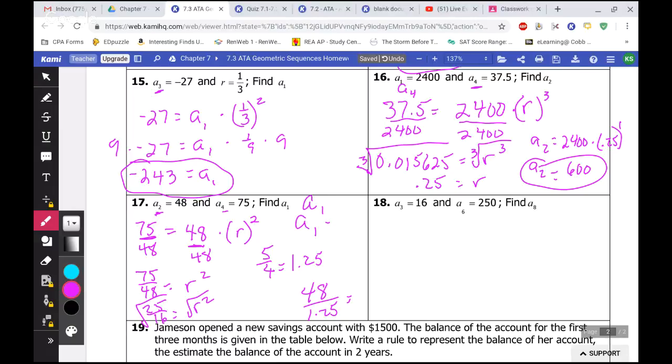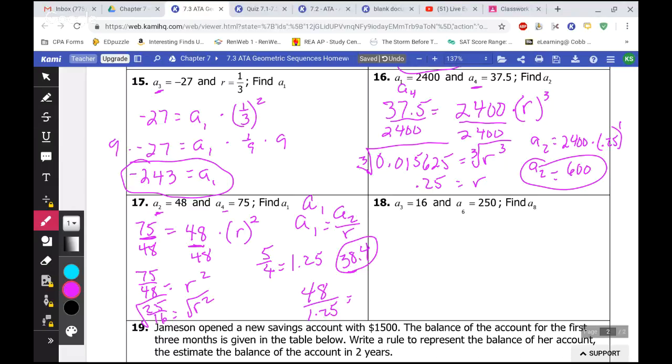Because A1 would equal whatever A2 was divided by the common ratio, because I multiplied A1 by the common ratio to get to A2. Does that make sense? Yeah. Would you be able to do it on your own, though? Probably, yeah. Okay, good. Just reasoning that out.